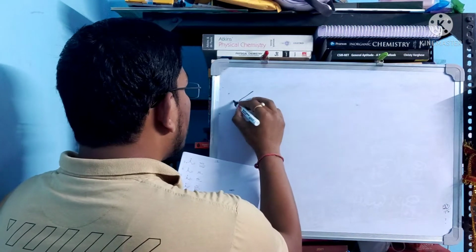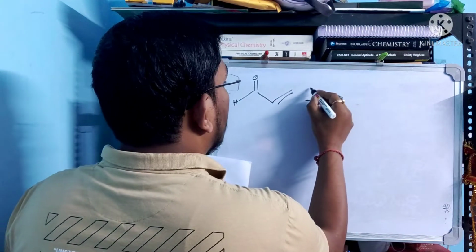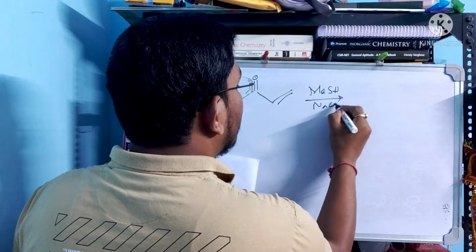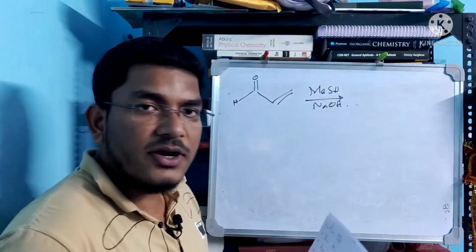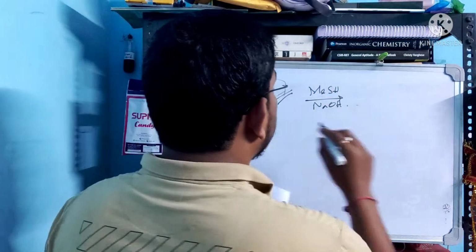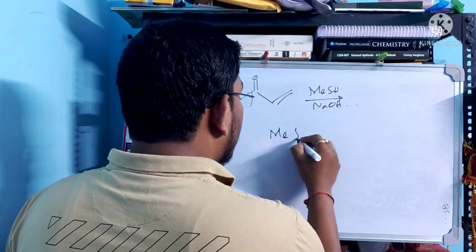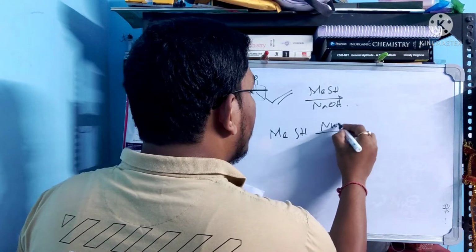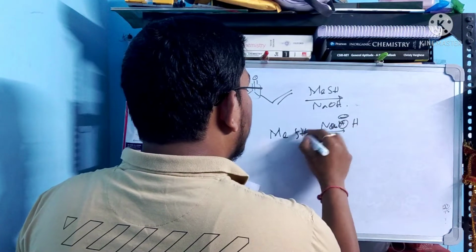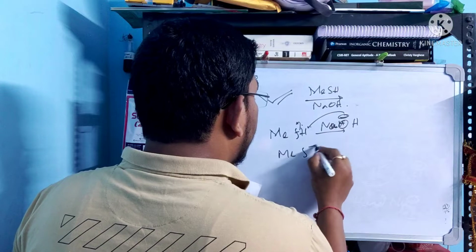First, MeSH, NaOH. Pause the video and try to solve it by yourself first. Here MeSH, NaOH: OH minus will attack the most acidic proton and it will give this kind of nucleophile.